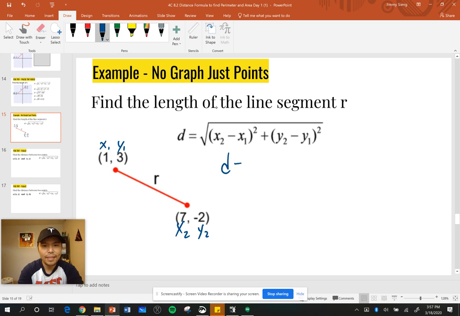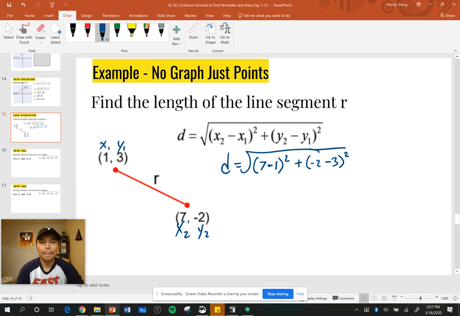Okay, well, my distance is equal to the square root of my parentheses, x2, which is 7, minus x1, plus y2 minus 3. Square that as well. Okay. Trying to be careful, right?